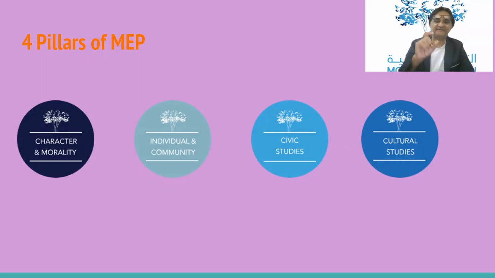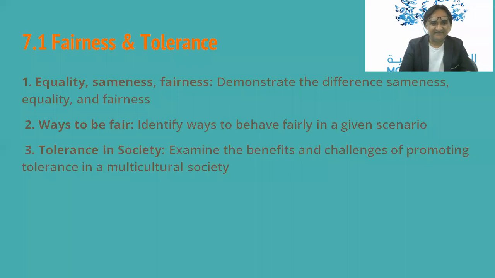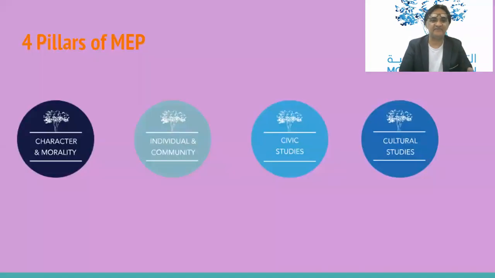So we have seen these 3 content areas coined in one domain, fairness and tolerance, and this has been taken from the first pillar, character and morality.